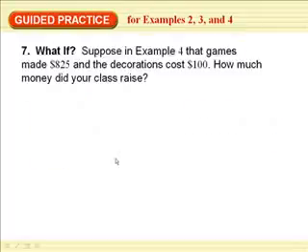So the last guided practice says, suppose in example 4 that games made $825 and decorations cost $100. How much money did the class raise?